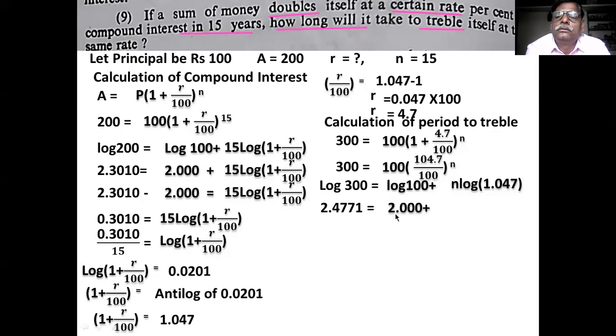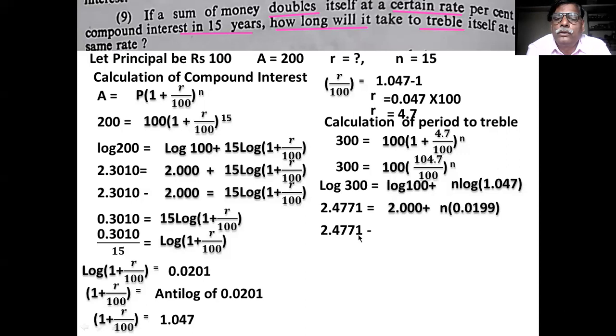Log 100 is 2.000, and log 1.047 is 0 point, characteristic is 0, and the value is 0199. You check it in your logarithm table and come to the answer.